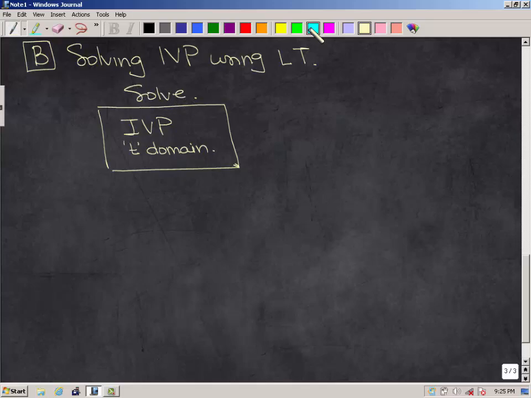Now one way we've been doing this, in the previous chapters, is using calculus. That's what we did in chapters 2 and 4. We used calculus to solve it, and we came up with a solution.